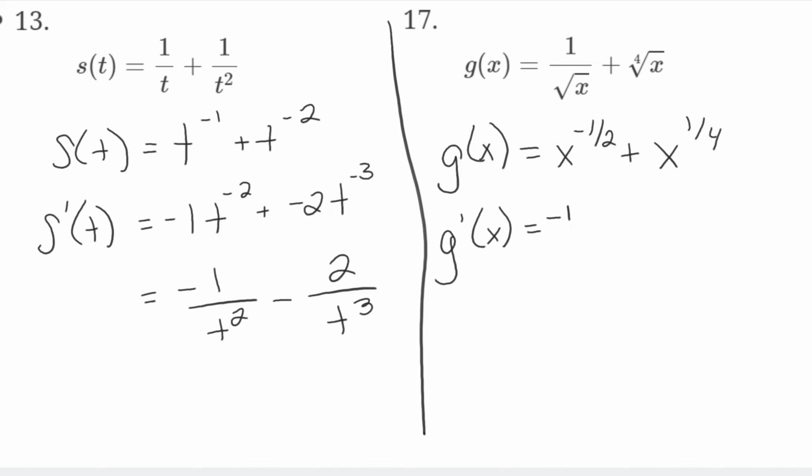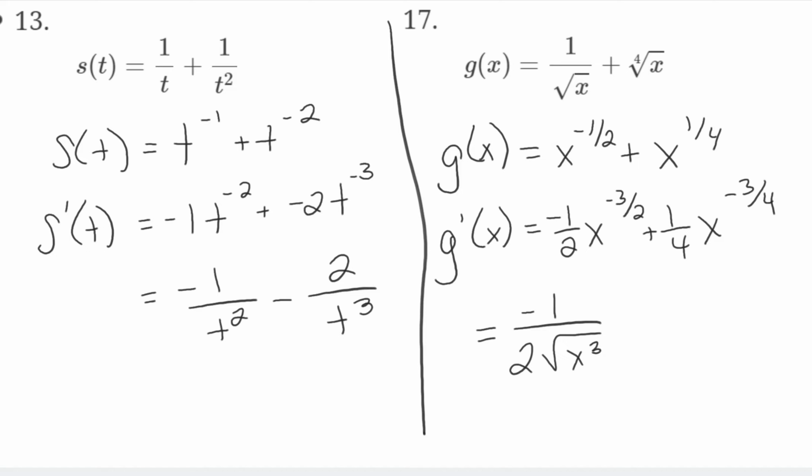So we've got negative 1/2 x to the negative 3/2 plus 1/4 x to the negative 3/4. So we get negative 1 over 2 square root of x to the third plus 1 over 4 the fourth root of x to the third.